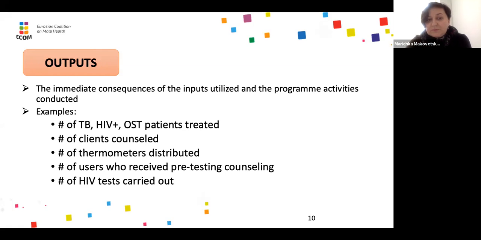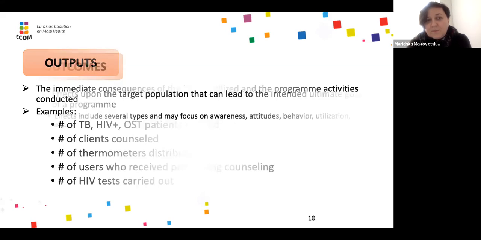What could that be? A good example would be the number of TB or HIV positive people or people on substitution treatment that have been treated, the number of clients consulted by the social workers, the number of thermometers or condoms distributed, the number of users who received pre-test counseling, or the number of HIV tests carried out. Those will be your indicators at the output level.